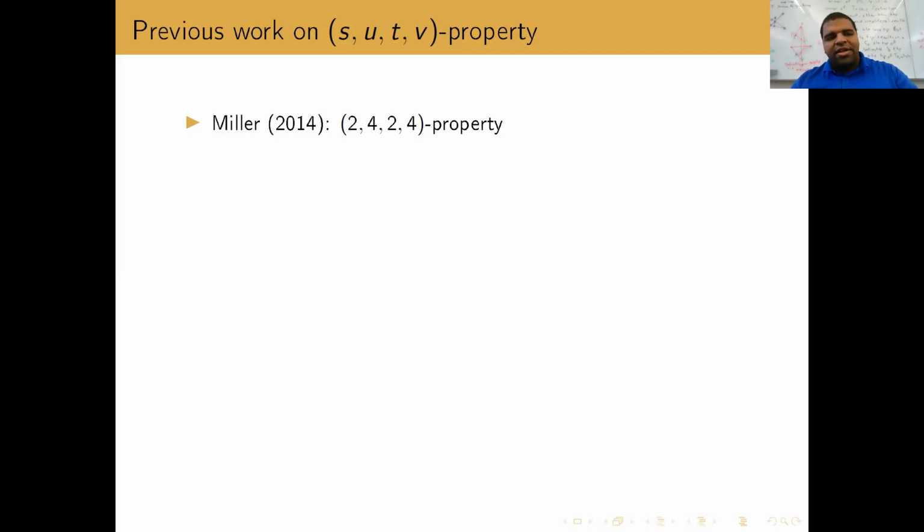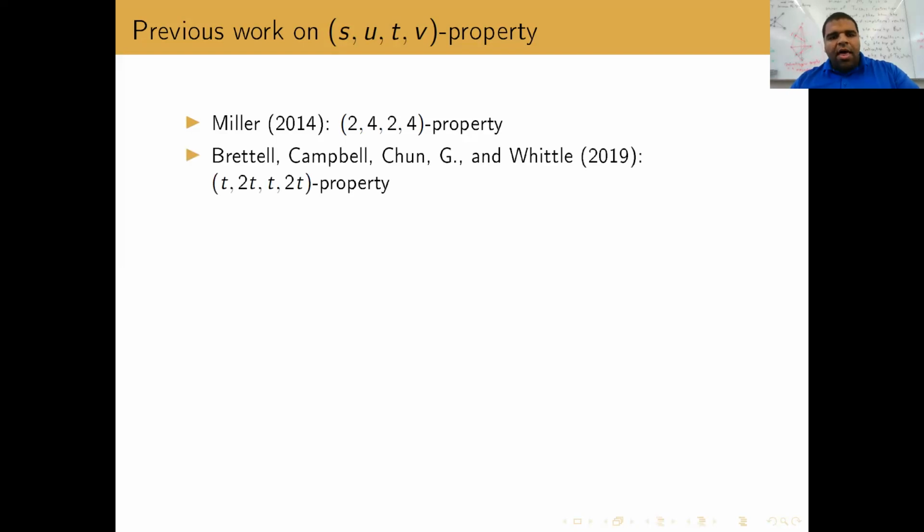But in between, there was a generalization between those that Nick Brettell, Rutger Campbell, Deborah Chun, Jeff Whittle, and I worked on. And this is where we just generalize this 2 to any integer. And we were able to show that matroids that have this 2T-2T property that are large enough have a certain structure.